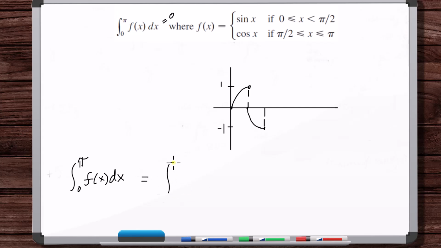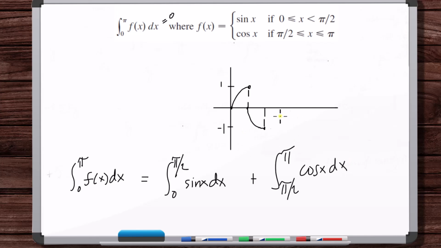So you could do the integral from 0 to pi over 2 of sine of x dx, and then from pi over 2 to pi of cosine x dx. Now, this is a little confusing, because how are you going to evaluate sine of x at pi over 2, since it doesn't exist there?